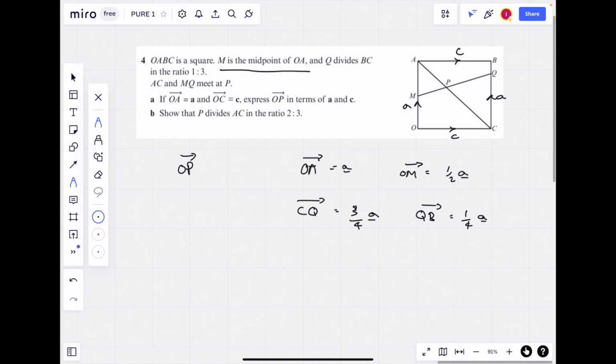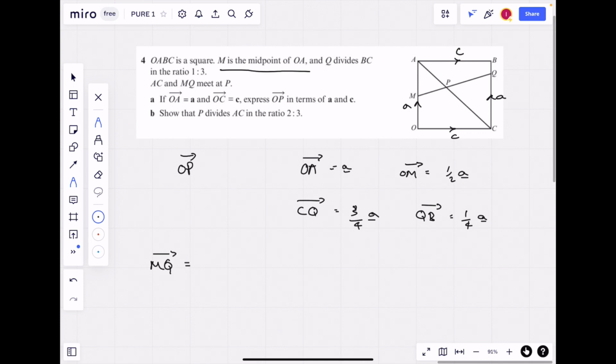Now, we want to express OP, which lies on two different diagonals. It lies on the diagonal AC, and it lies on the diagonal MQ. Okay, let's express MQ.